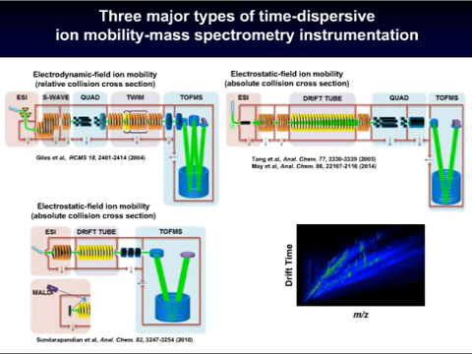So this slide shows a typical arrangement of contemporary instrumentation. In the upper left is electrodynamic high mobility, which is a commercial offering that appeared around 2006. On the bottom left is what I would call electrostatic or uniform field instruments, largely built in individual laboratories, much like our own.